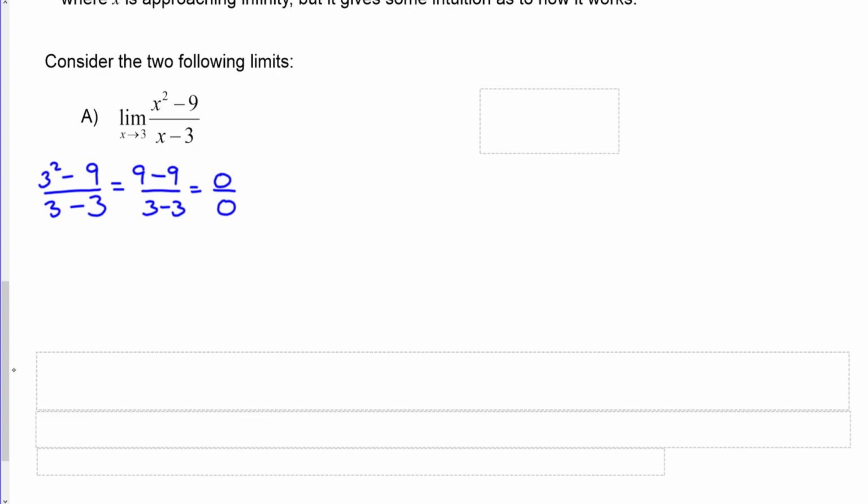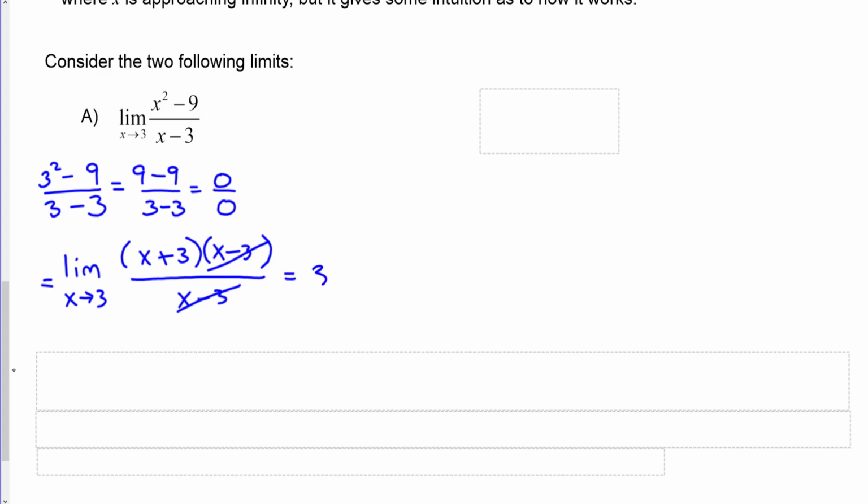As a reminder, in this case, we could take the limit and factor the numerator into x plus 3 times x minus 3 and put that over x minus 3. The term x minus 3 cancels out. Now when we plug in the limit value of 3, it's 3 plus 3, which is 6. So we get an answer that's determined. It's not an indeterminate form any longer.